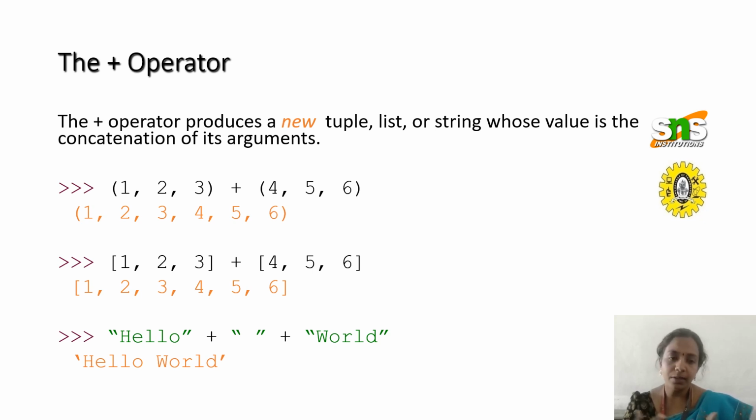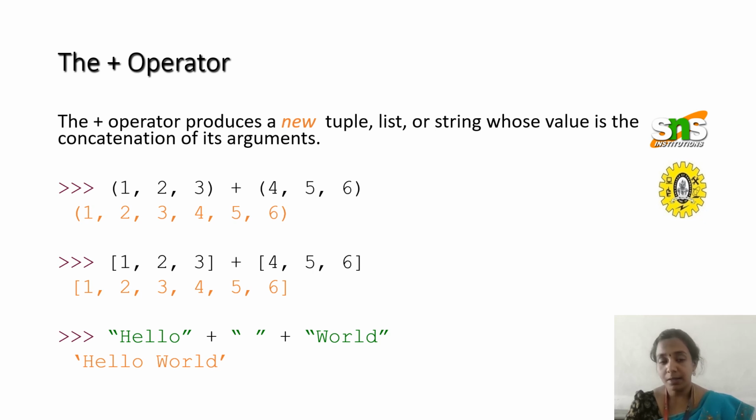The same case is for the list also. A list will usually be represented using square brackets. 1, 2, 3 is list number 1 and 4, 5, 6 is list number 2. What I am doing is just adding the two lists and merging them.